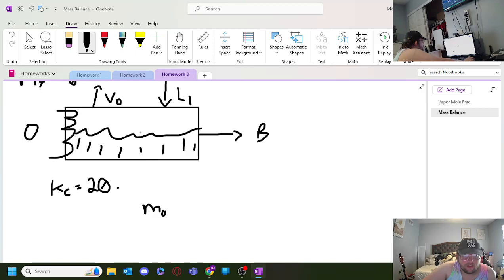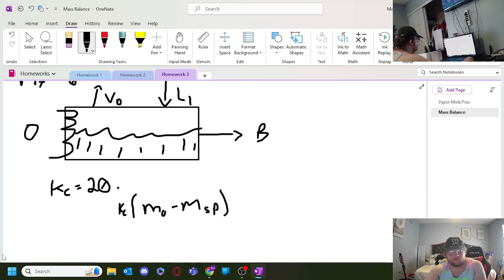It's going to compare that to the set point. And then the response will be given by Kc multiplied by that difference. Now, keep in mind, this is only the response, so we have another part here to worry about.